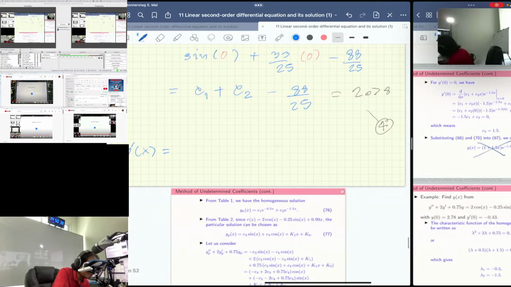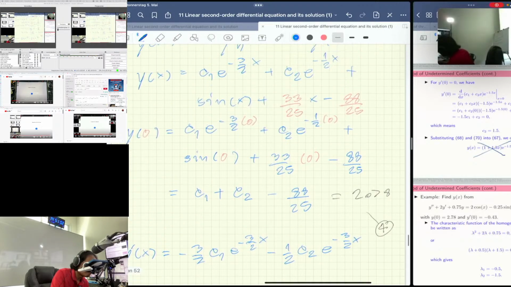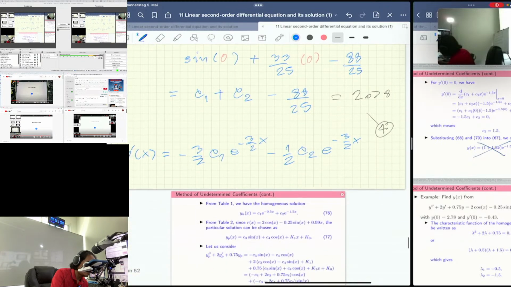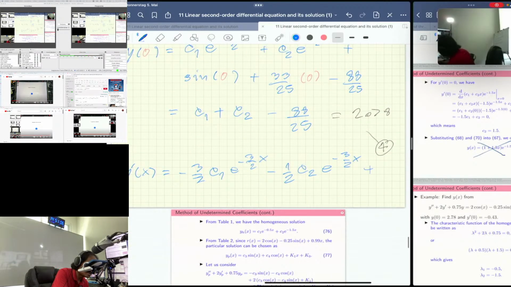So you have negative 3 by 2 C1 exponential negative 3 by 2 x, and negative 1 by 2 C2 exponential negative 1 by 2 x, and the next one will be cosine, right?